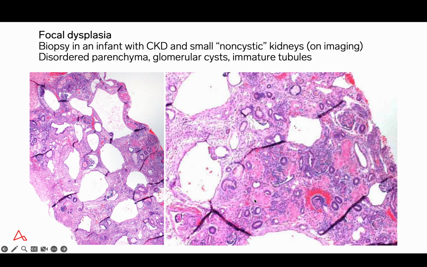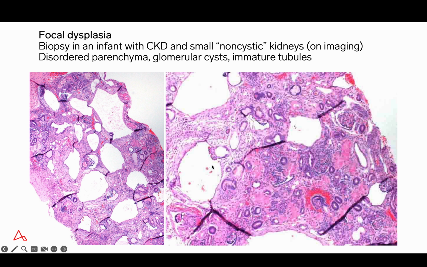And finally, here's an example of focal dysplasia in a needle biopsy. This was from an infant with chronic kidney disease and small non-cystic kidneys. And although we see prominent cyst formation here at low power, imaging studies usually require a cyst to be 2 millimeters or more to be detectable, and these are probably 1 millimeter in diameter, so too small for detection.